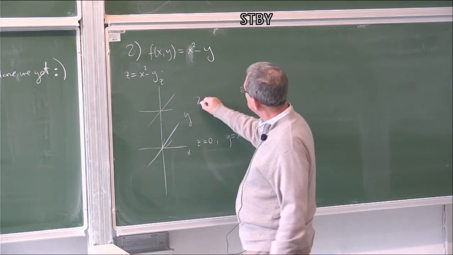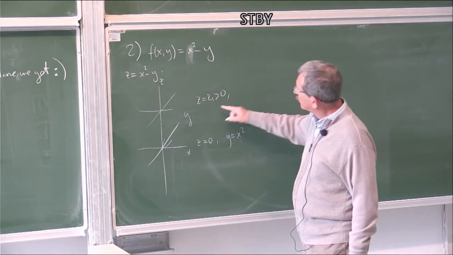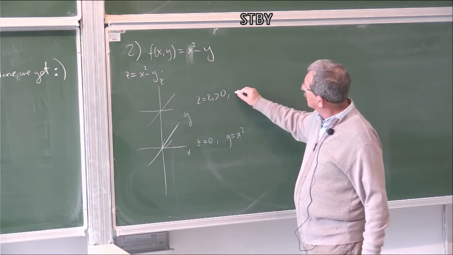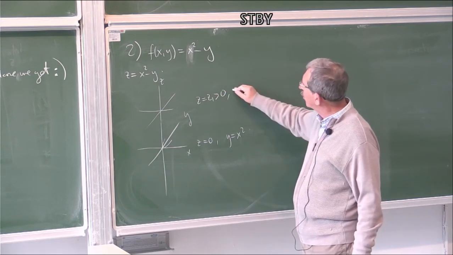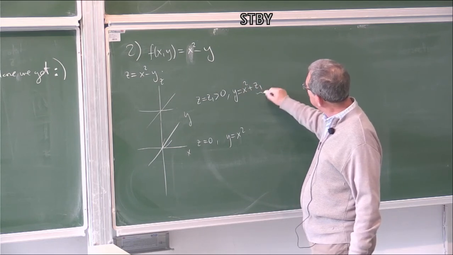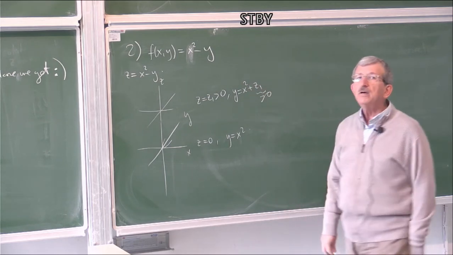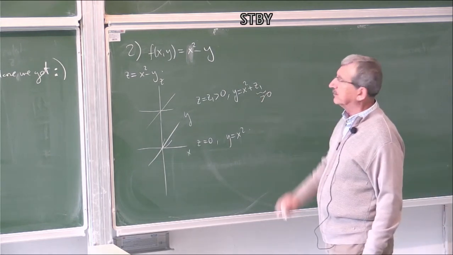That's to say, z is z1, but positive. Then, of course, z1 is a positive number now, so y is x squared plus z1, but this being a positive number, it's a shifted parabola where y is larger.